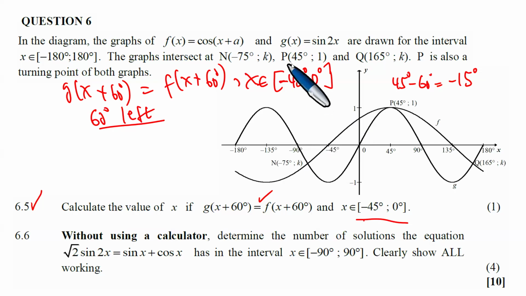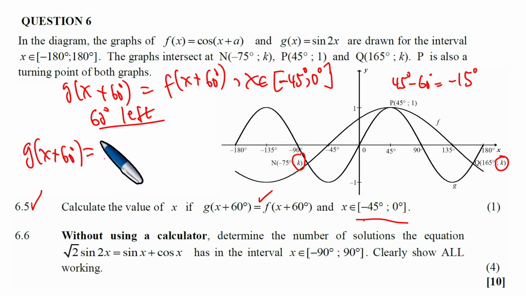What is K? K is where the two graphs meet.